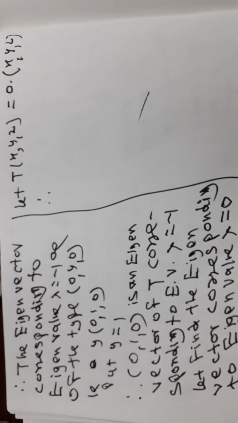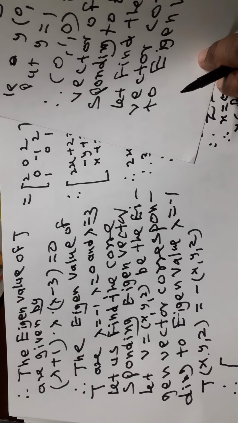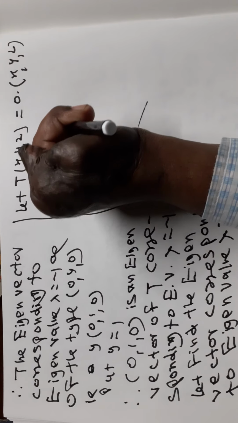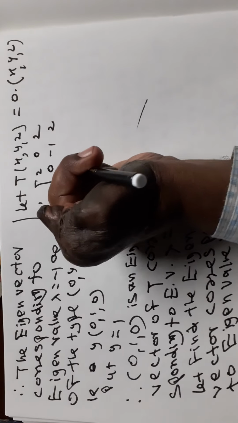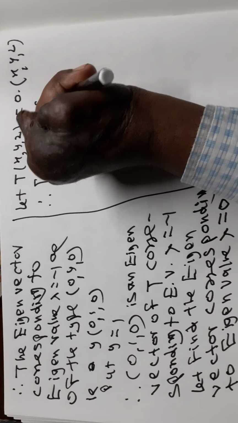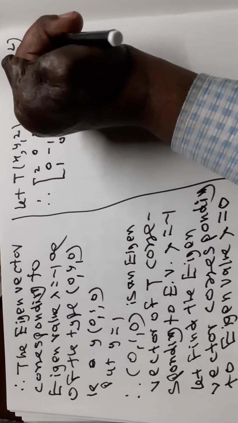Therefore, T of (x, y, z) in the matrix form is the matrix [2 0 2; 0 minus 1 2; 1 0 1] times (x, y, z) is equal to (0, 0, 0).